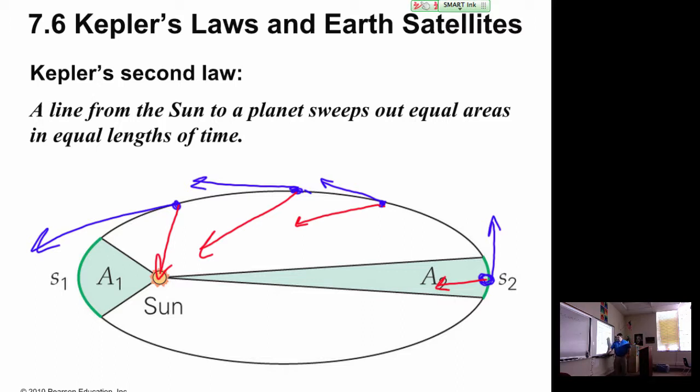Now right here, the force is so strong, but so is the tangential velocity. It's really strong, and it's almost like a slingshot effect. So it almost escapes its orbit right there.